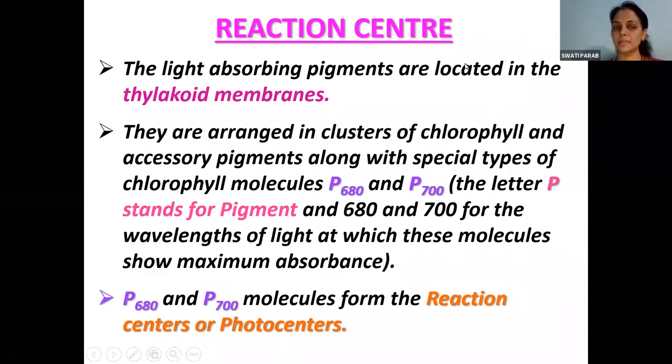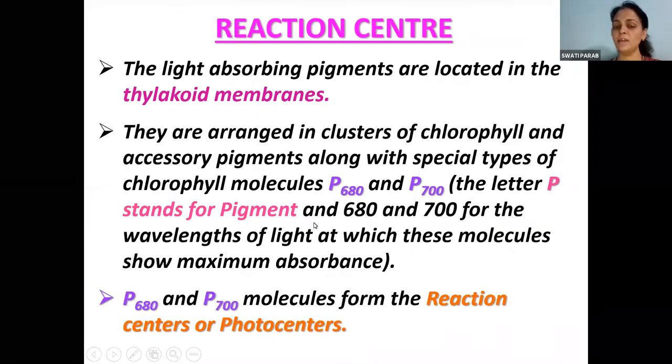Then what are reaction centers? Reaction centers are P680 and P700, where 680 and 700 are the wavelengths of light. P680 and P700 molecules form the reaction centers, or you can say the photocenters. Now what exactly happens here?